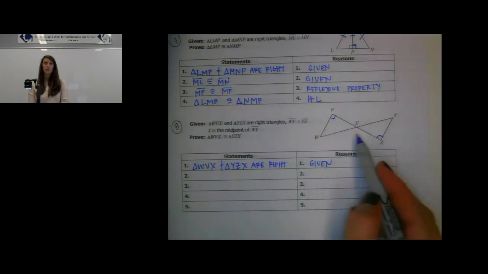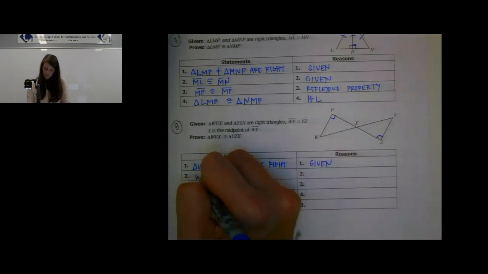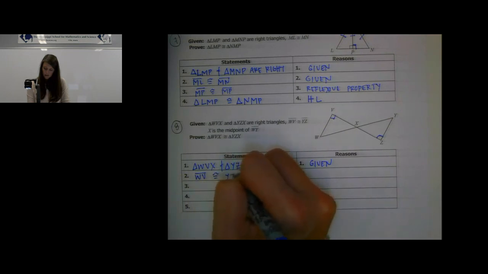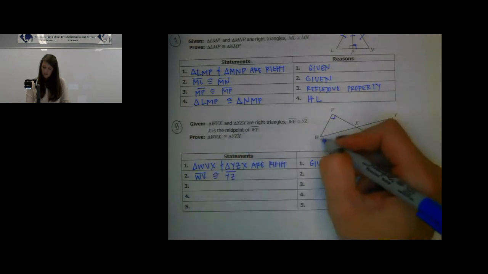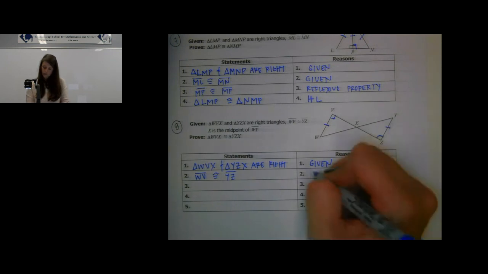So that means down there is where my right angles are going to be. WV is going to be congruent to YZ. Okay, so that was given.